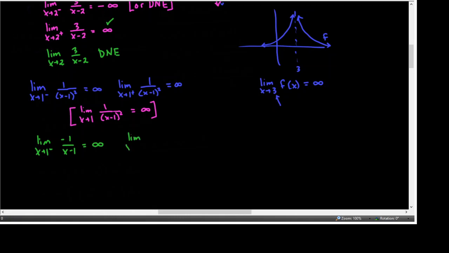Then looking at x approaching 1 from the right side of that same function, if you look at the graph, it's going down without bounds, so that would be negative infinity. And parenthetically, what I would say is, if someone asked you what is the limit as x approaches 1 for negative 1 over x minus 1, because those two disagree, the best you could give me is that the limit doesn't exist.